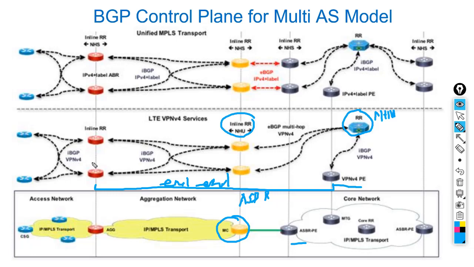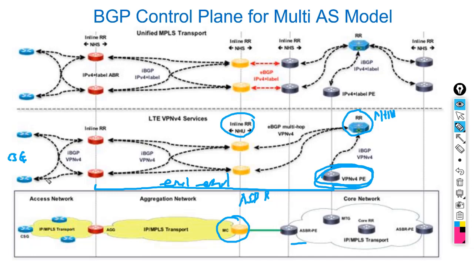AGG also acts as an inline RR router, so it will advertise the VPN request to the CSG router here. So when the CSG router receives a VPN request from the core network, the next hop is the address of the PE router.